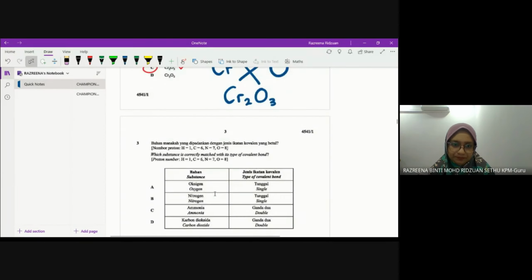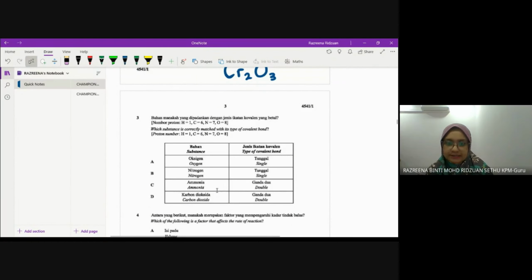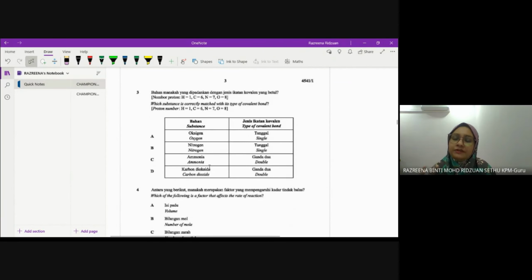Next question, number 3. Which substance is correctly matched with its type of covalent bond? For this one we need to know a little about how they form bonding. Let's look at number 1, A, oxygen. Does oxygen have a single covalent bond? If you remember in chapter 5, chemical bond, oxygen actually has a double bond, because the electron arrangement is 2.6, so they need two pairs of electrons to achieve a stable octet.